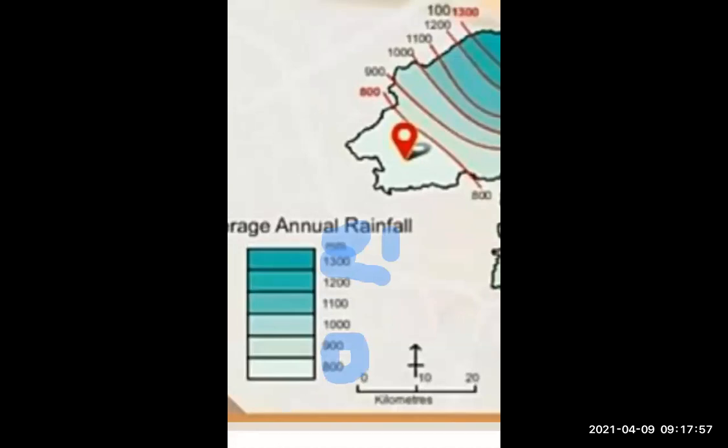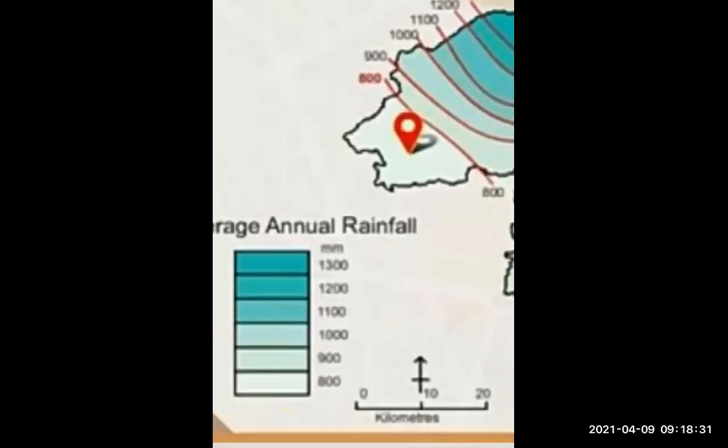The difference between the highest and lowest value. I will explain this thing again. We are talking about class intervals. This is the higher value 1300 and 1200 is the lower value.